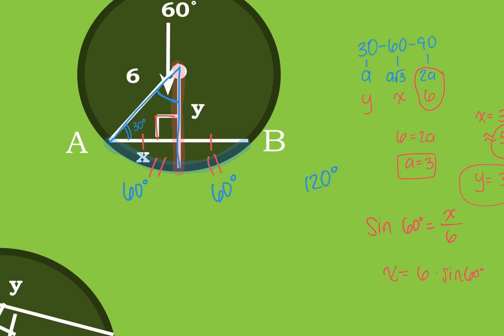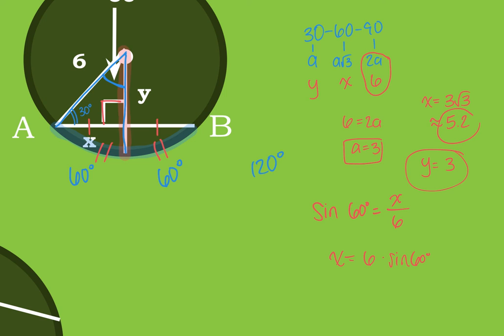And I guarantee you're going to get 5.2. Did you get it? Cool, right? And then the cosine of 60 would be y over 6. And the cosine of 60 times 6, I guarantee, will give you 3.